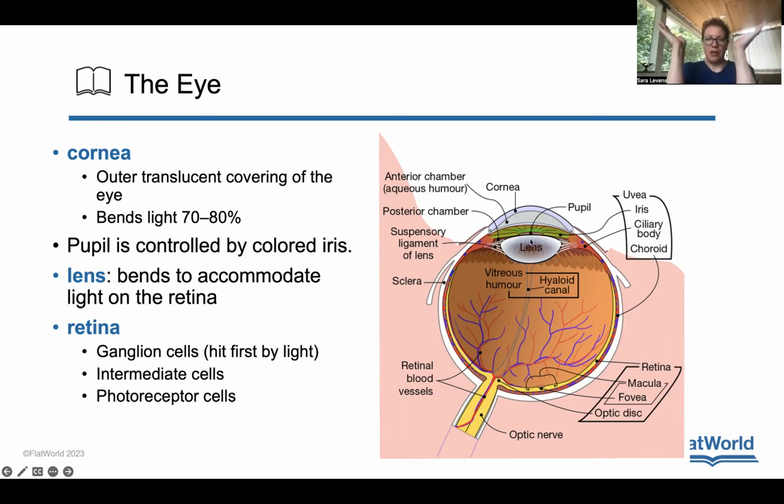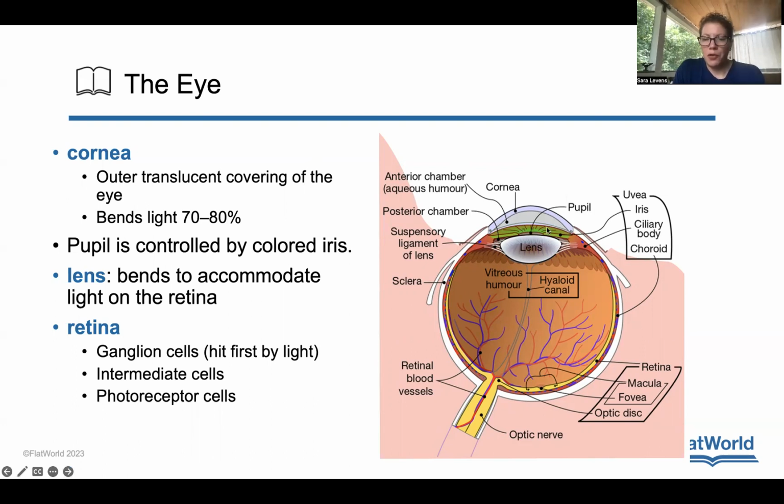So it basically bends things so you can still get as broad a perspective as you can down to this smaller space. And the cornea is the first thing that light enters when it hits the eye.